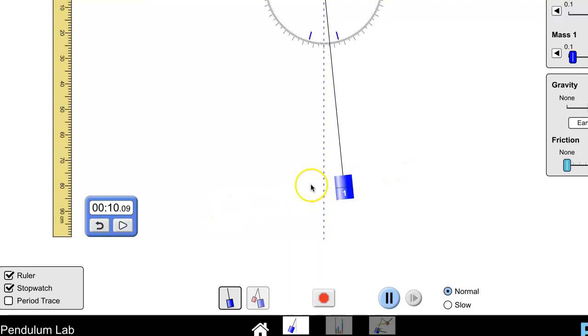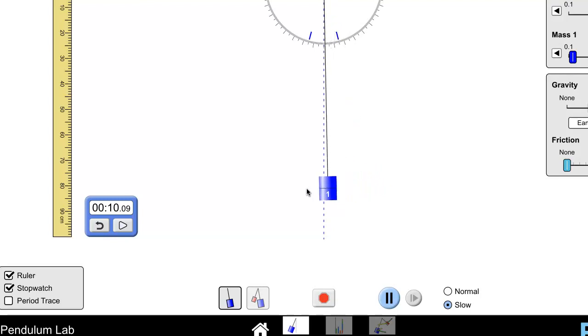Every time, let me repeat this, let's say from here, if this is my starting point, this is half of the cycle, and when it comes back, this is 1 full cycle. Remember, we discussed this in the lecture. Then this is 1.